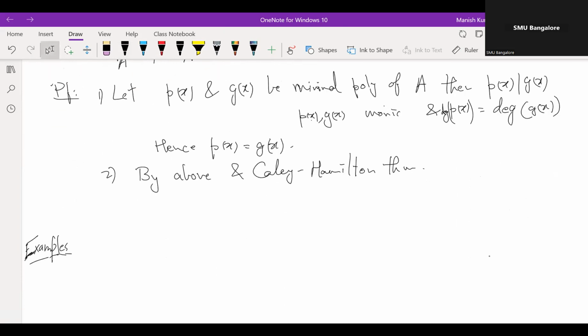So now let's look at some examples. Yeah, so can you give me an example of a matrix whose minimal polynomial and characteristic polynomial are same? Meaning a bigger 2 by 2 matrix, let's say. 1 by 1, of course, both will be same, but maybe 2 by 2.